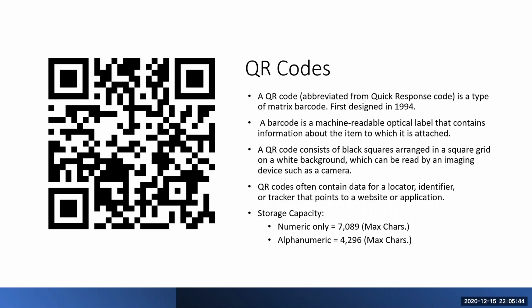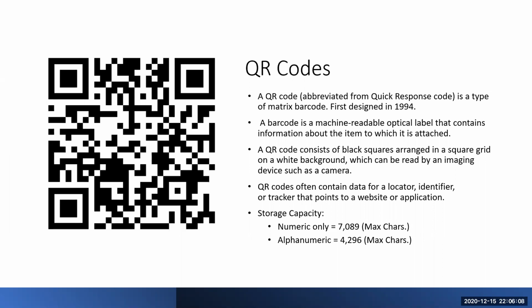QR codes were first designed in 1994, but they were not that popular at that time, and only recently they have gained quite a lot of popularity. QR codes are machine readable. They can be scanned using an optical device or even through a camera.